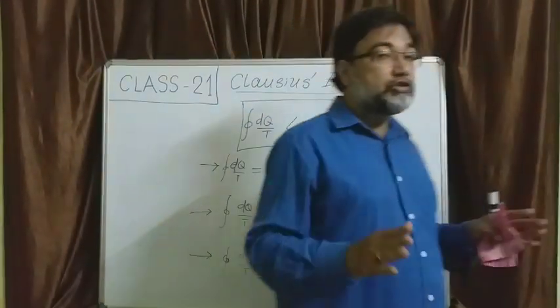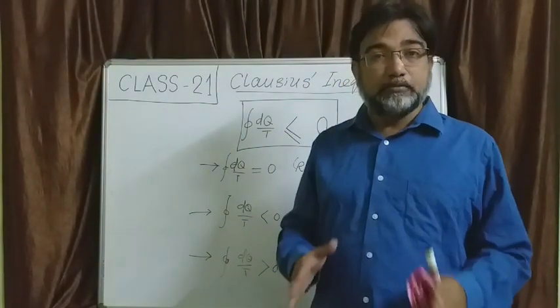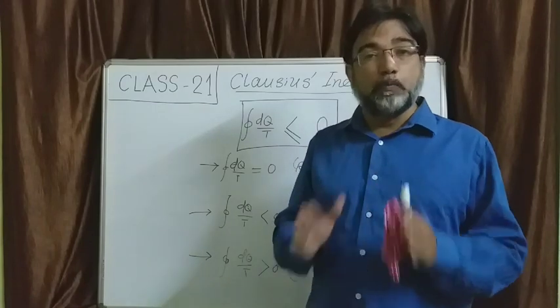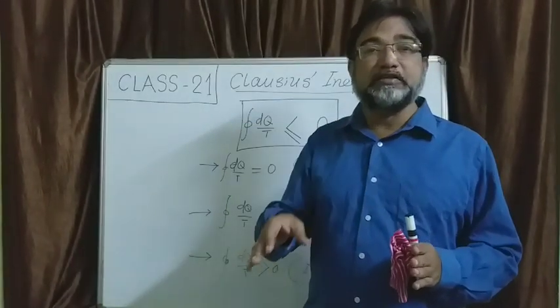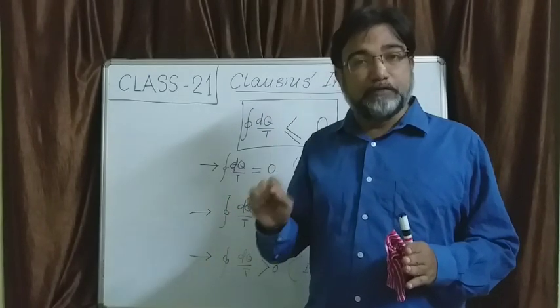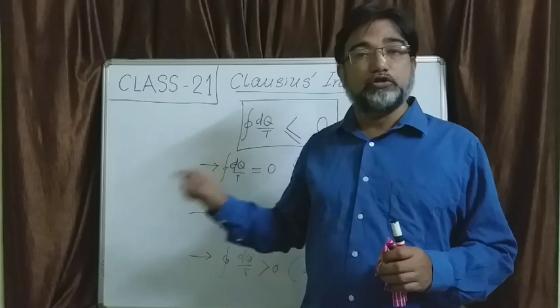So if you are asked to establish or prove Clausius inequality in the examination, then it has two parts. First, you have to draw the reversible cycle, cut it into pieces and prove that for a reversible cycle the integration of dq by t over the cycle is equal to 0.